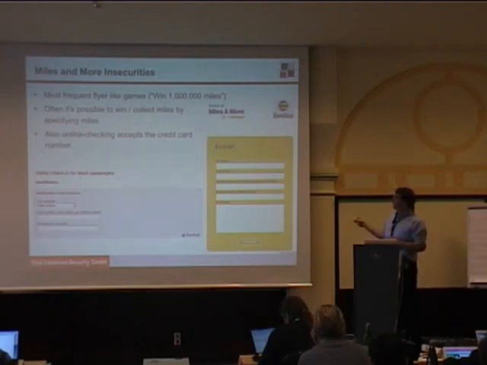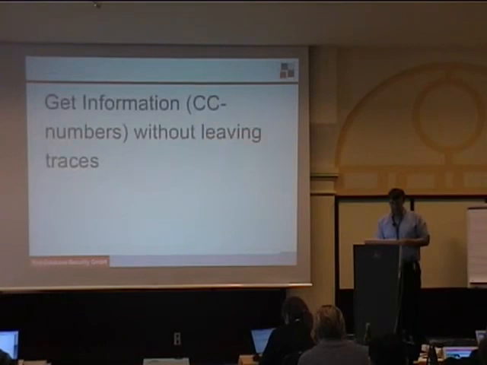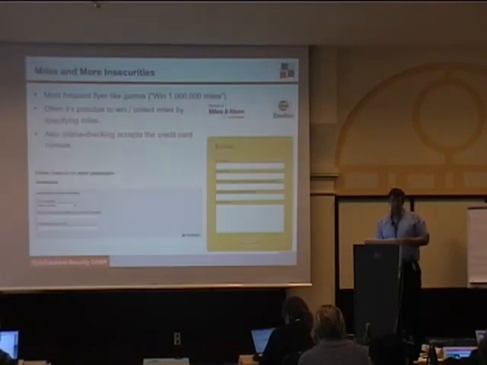Also, there are tons of winning games where you can win money, where you can find this information. And in my opinion, this is a security problem of the Miles & More card. I would recommend to print an additional number on this card to avoid this kind of problem.